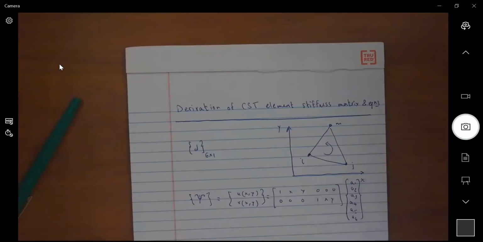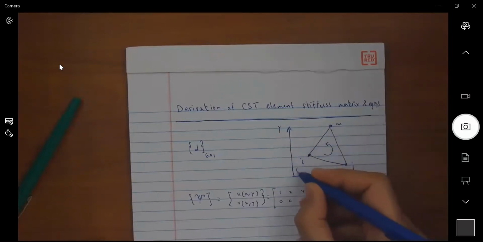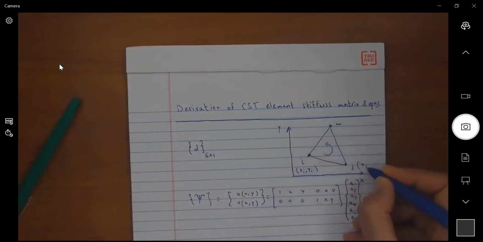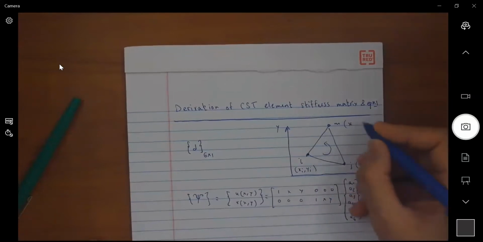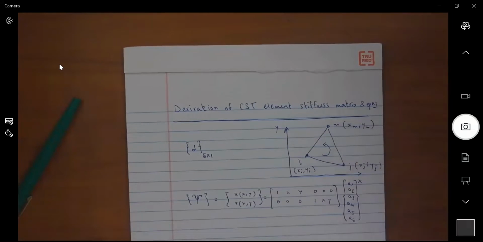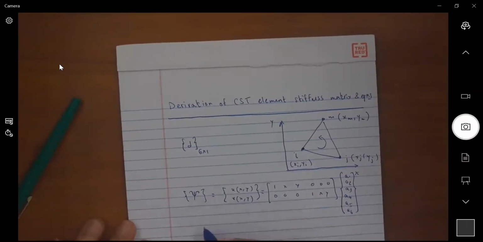And in order to obtain A's, we substitute in the coordinates of the nodal points I, J, M. So we had here XI, YI, XJ, YJ, and XM, YM. So when we did that, in order to solve for A, we were able to express it in matrix form.